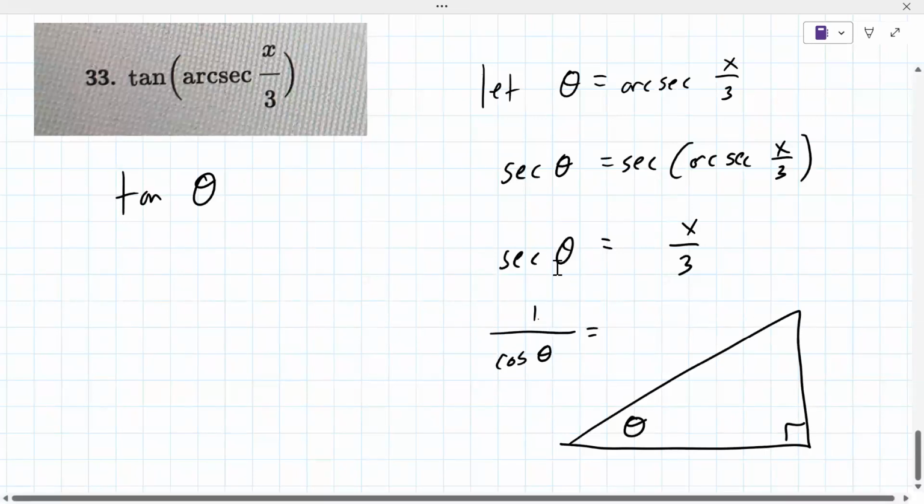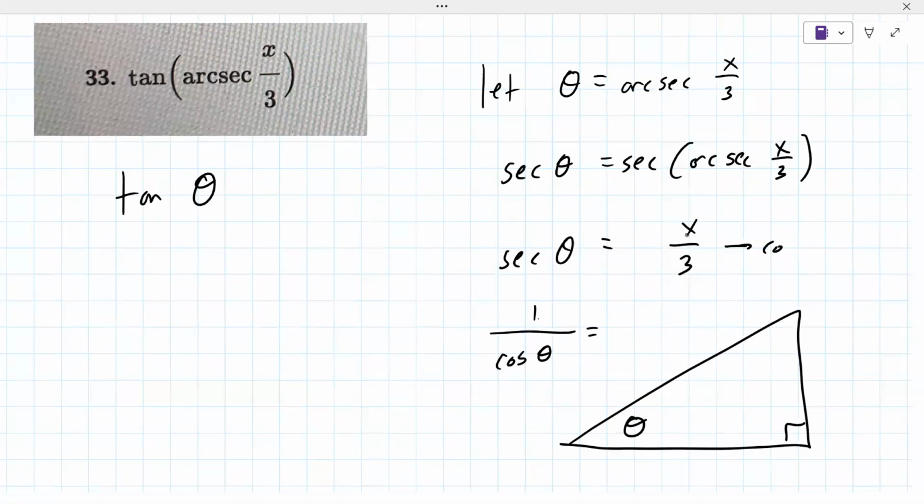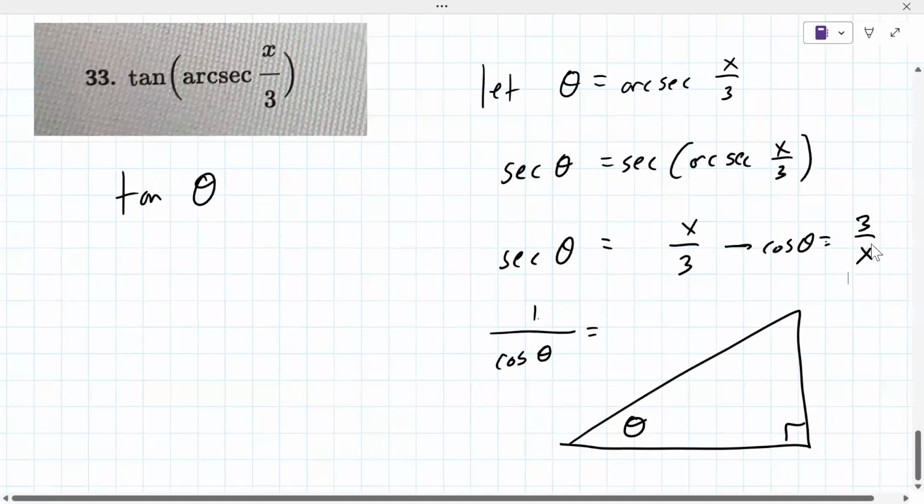So the cosine is the flip of this. I feel like that was unclear in the last problem. Secant is this, which means that cosine of theta is the flip of this. And that makes it easier because you know sine and cosine and tangent. Cosine is adjacent over hypotenuse, 3 over x.